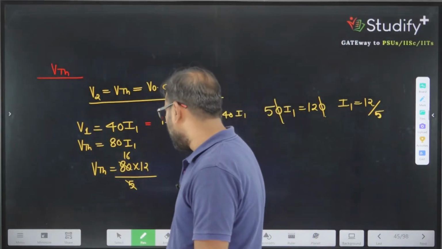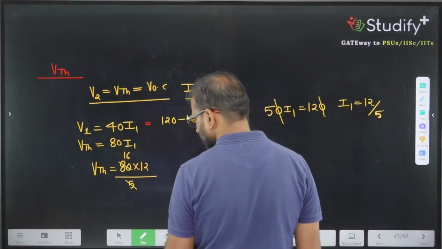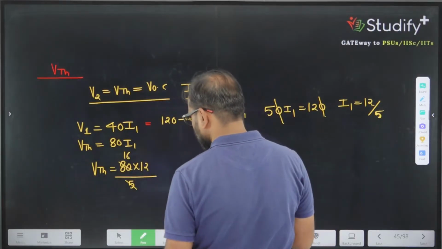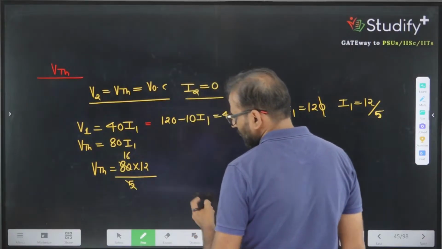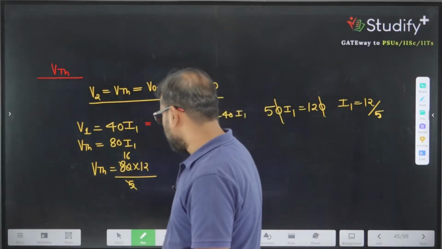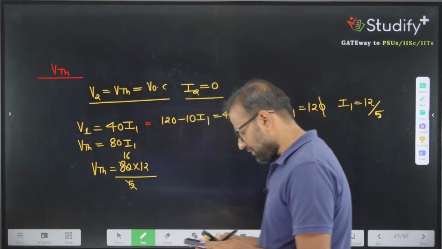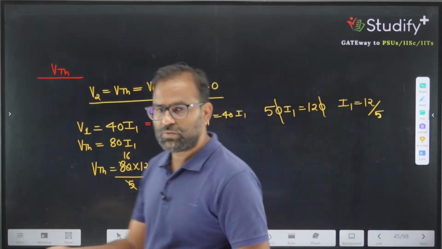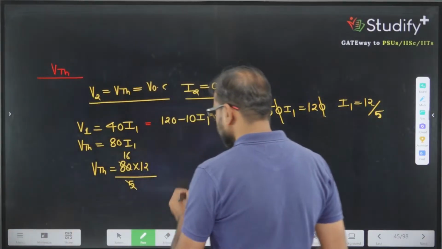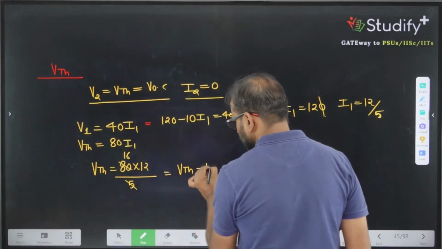So 16 into 12, 160 plus 24, this value is 192. So what is VTH? VTH is 192.